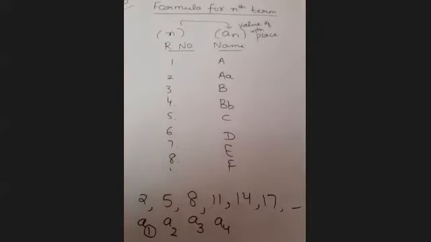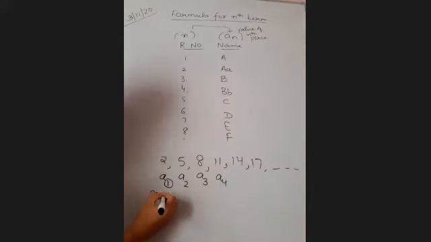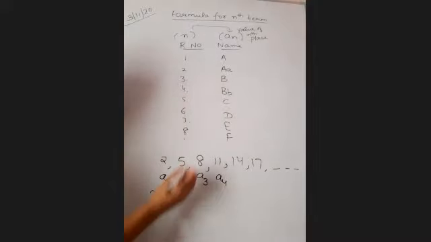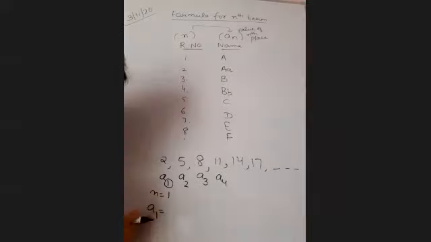So here n is what? What is n here? Children, what is n here? 1. N is 1. But what is the value of A1? 2. A1 is whatever is the value at that place. For n equal to 1, what is the value? 2. What is the value at first place? That is A1.